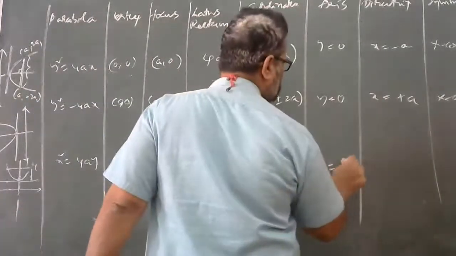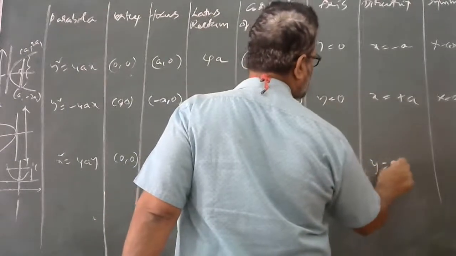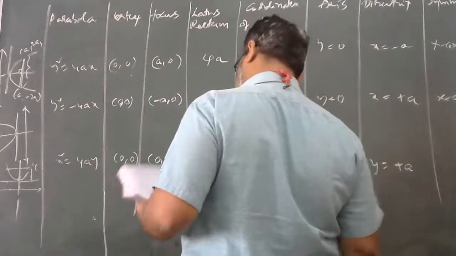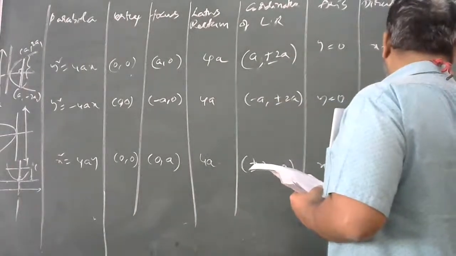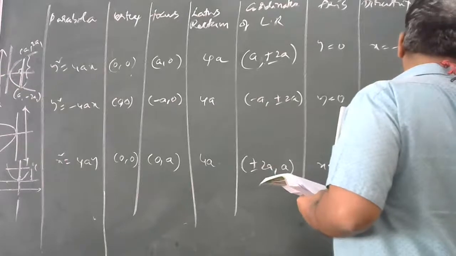Axis is x equals 0, directrix is y equals minus a, and symmetry is the y-axis.